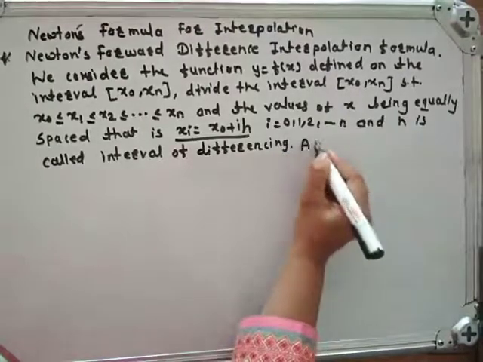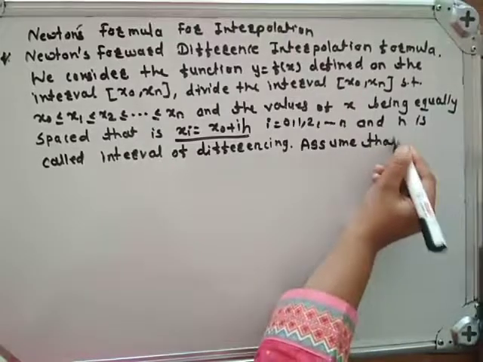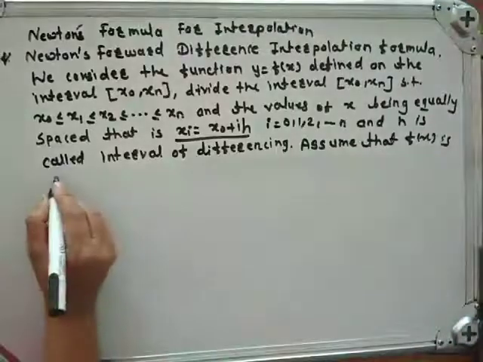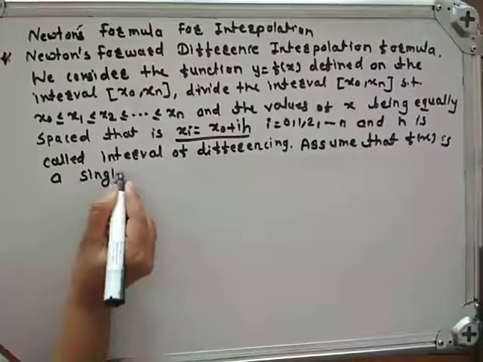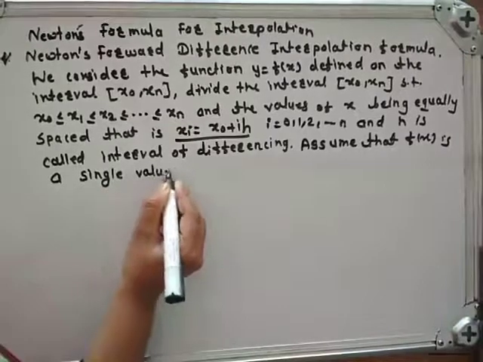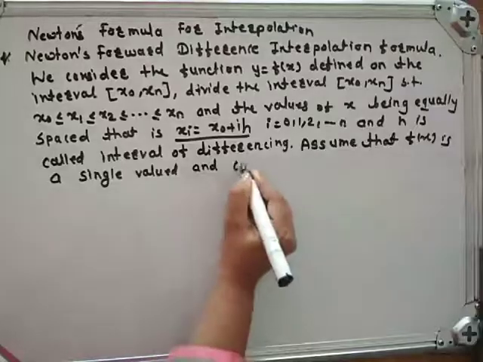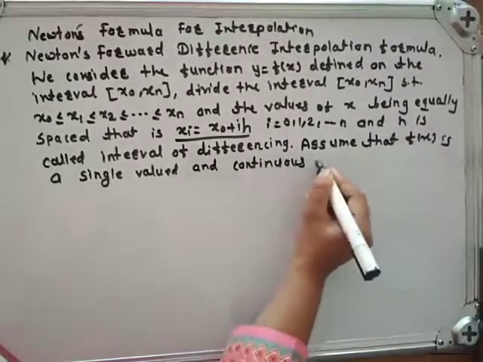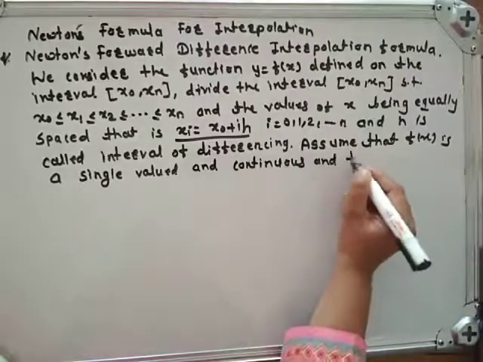Assume that f of x is a single valued function, and continuous, and that is known explicitly.